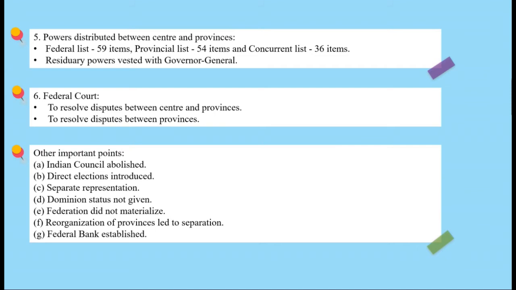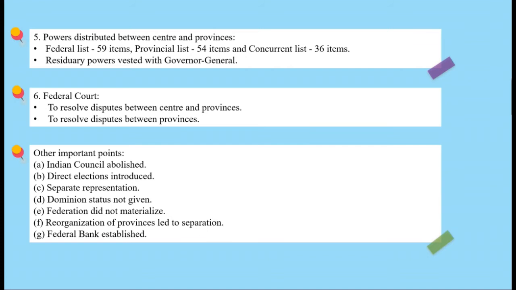A. The federal legislature had powers to legislate on subjects in the federal list, 59 items, like external affairs, currency, coinage, military, etc. B. The provincial legislature had powers to legislate on subjects in the provincial list, 54 items, like police, education, etc. C. The federal and provincial legislatures had powers to legislate on subjects in the concurrent list, 36 items, like marriage and divorce, criminal and civil procedure.